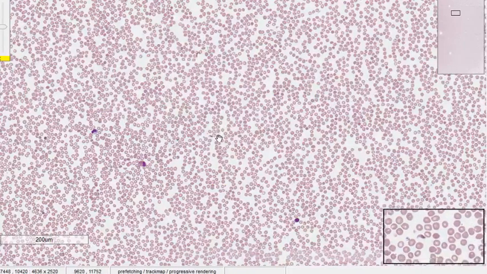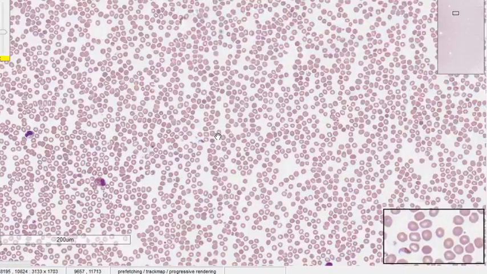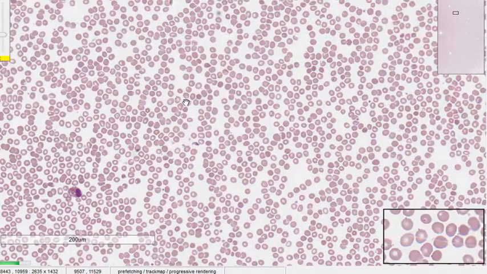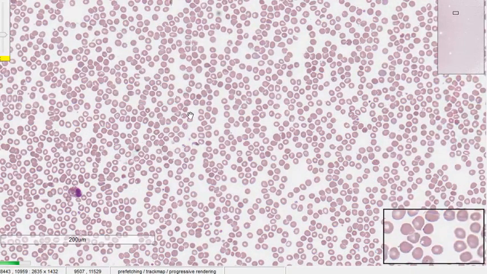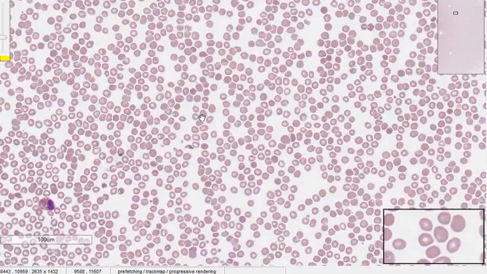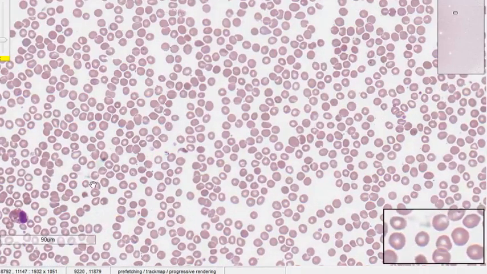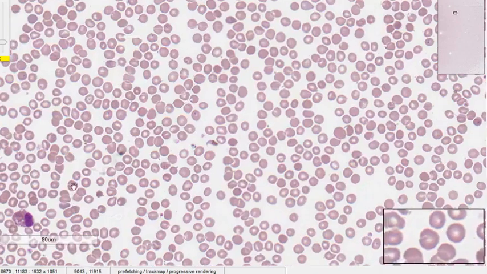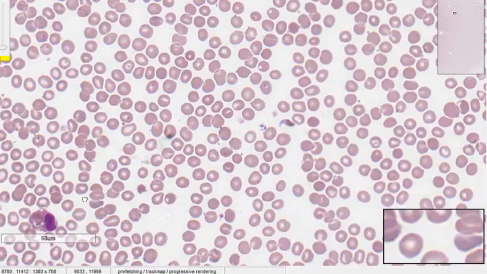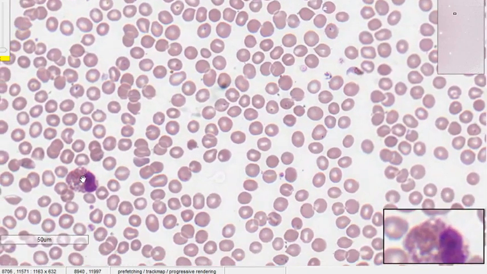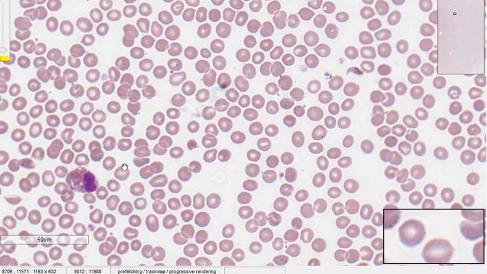We'll go to higher power, and as I go to higher power, I'll not be giving any more explanations. This is for the students to look into the case as we reach higher and reach a finding or a diagnosis themselves.